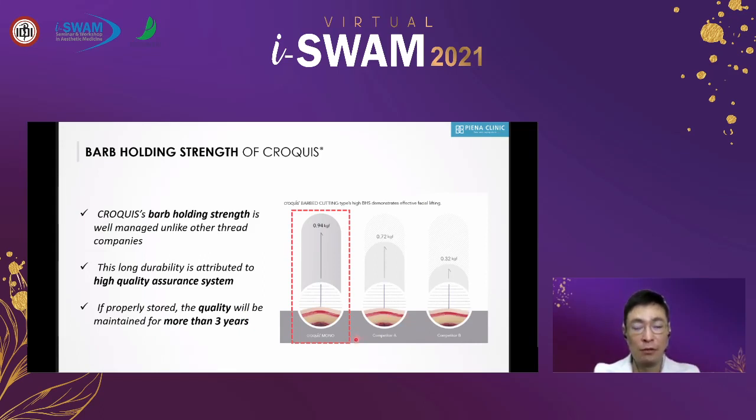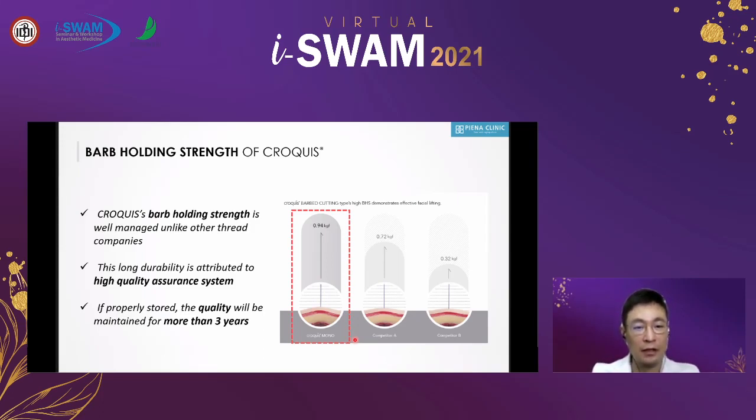In practice, I use many types of PDO threads from many different companies. But usually when I keep the products for more than 6 months in my operation room, there is some early breakage of the thread. So sometimes I'm really embarrassed during the procedure.